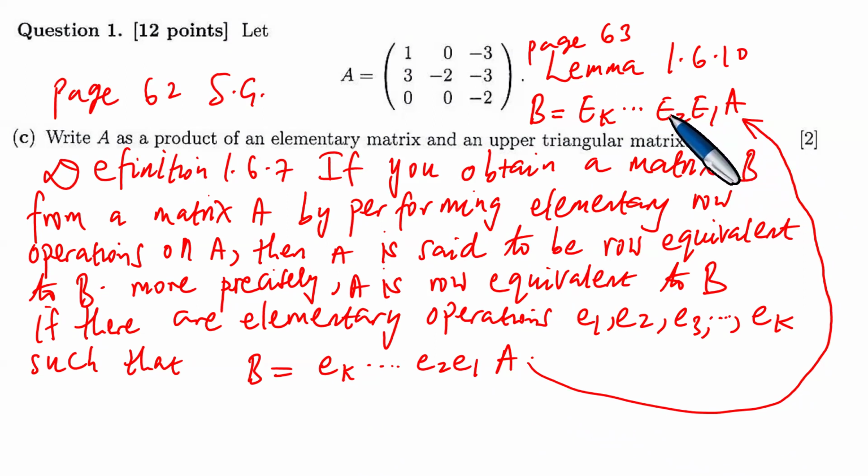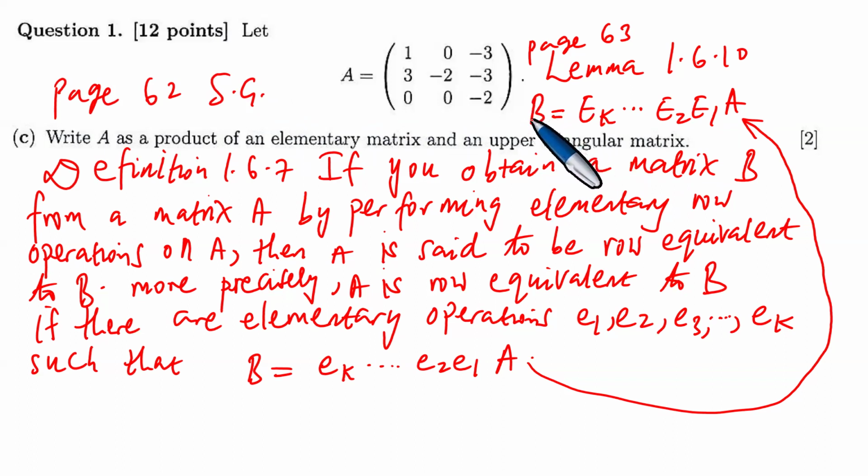The next elementary operation is put after that, away from A, and you put them away like that. And this is equal to B.